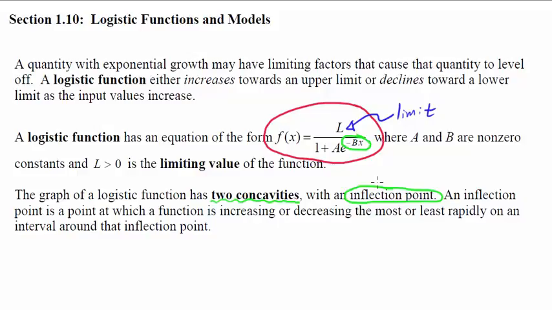So if we see data that appears to have an inflection point, it's either going to be logistic or cubic. We haven't seen cubic yet, but the main difference is that a logistic function is going to have 2 limiting values, whereas a cubic does not.